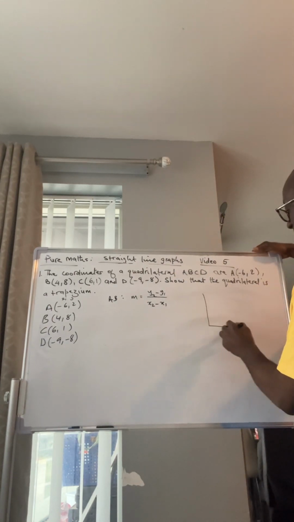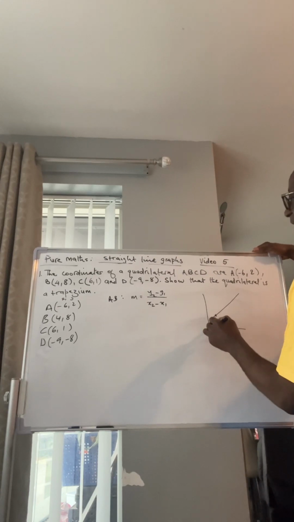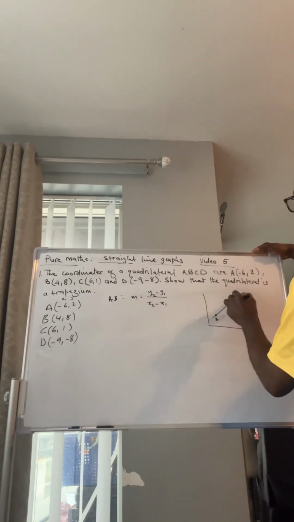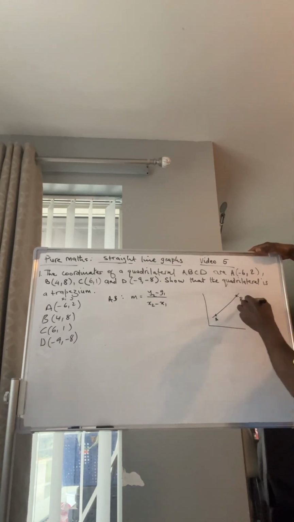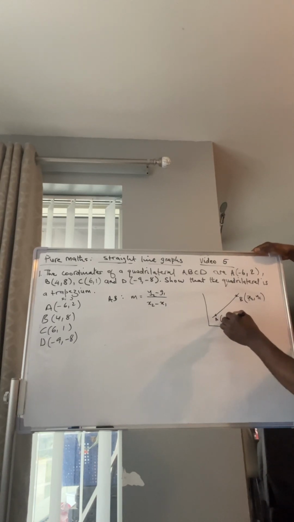If you have a graph like this, or a line like this, you have a point here, let's say this point is A, and this point here is B, and then here you have x2 comma y2, and here you have x1 comma y1.